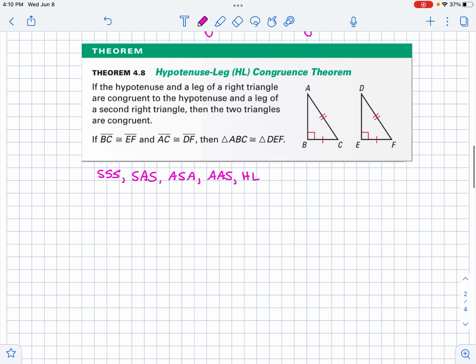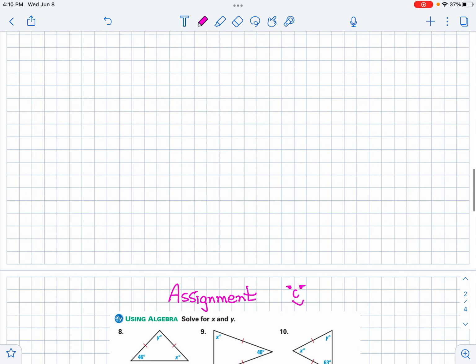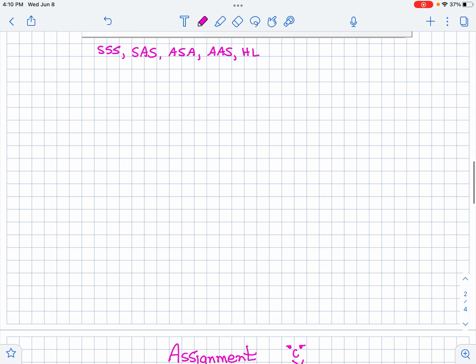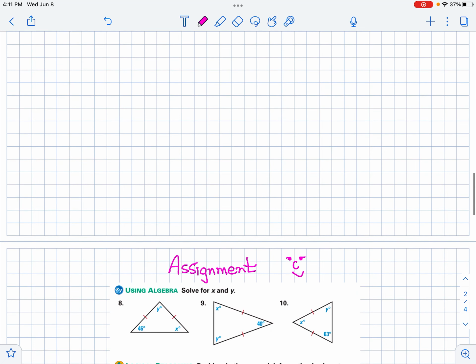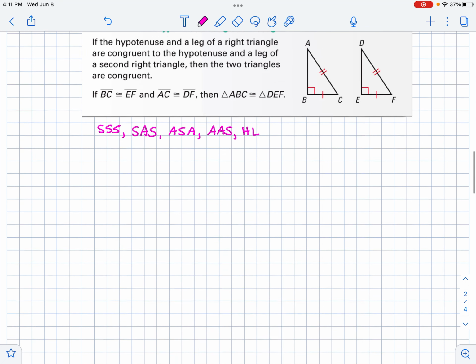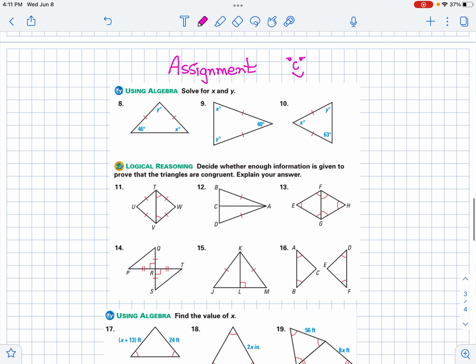If you have two triangles, and the corresponding hypotenuses are congruent and a leg is congruent, then you've got congruent triangles. So that is one more thing that we can use.